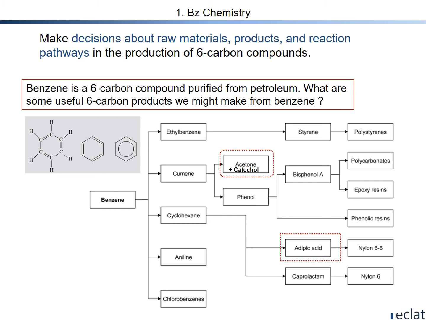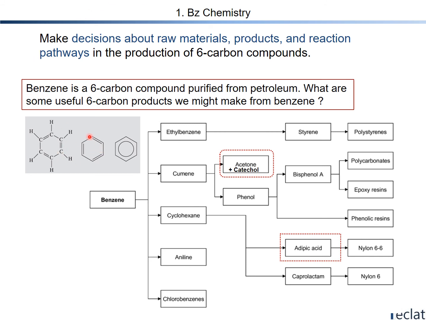I'm your boss in some chemical plant, and my order is to make decisions about raw materials, products, and reaction pathways in the production of 6 carbon compounds, in this case benzene. I have a lot of benzene, and we should make something from the benzene, and estimate which product is better than the other in terms of atom economy and also process economy.